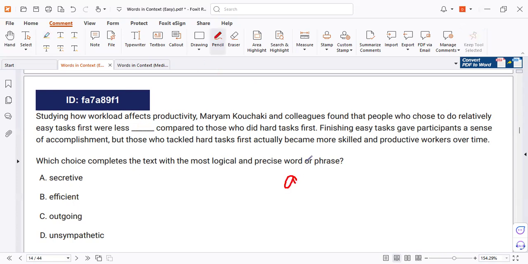Find what it describes. Find what it describes. B. Letter B, and it is correct.